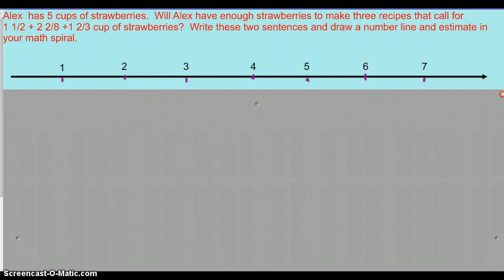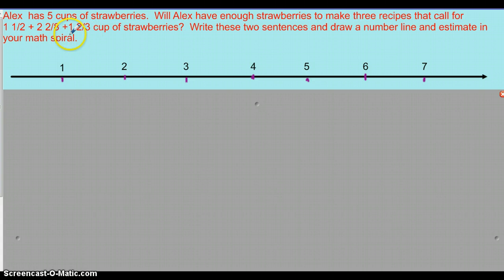Okay, let me mentally figure this out first. 1½ I think is about 2, because I know half rounds up. 2 2/8. That's closer to 2, because this is just a fourth when you reduce it. So 2 1/4, that rounds to 2 also. So now I have 2 plus 2 plus 1 2/3. 3/3 is a whole cup.